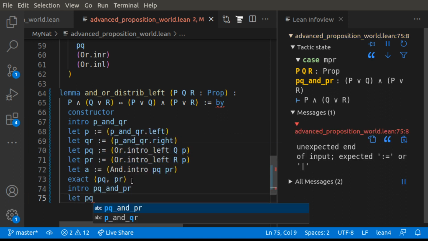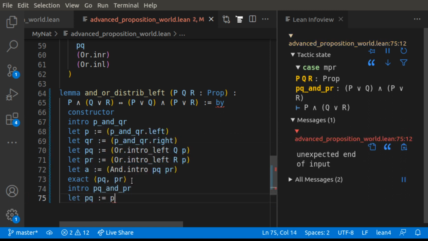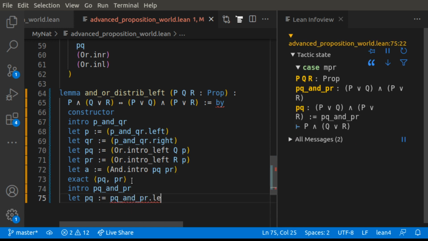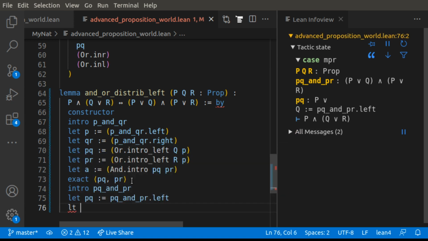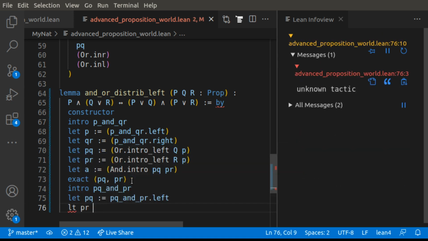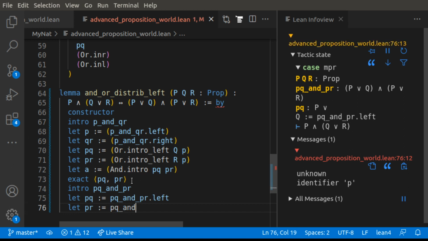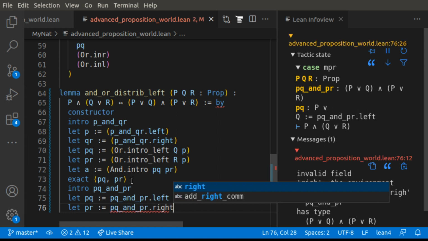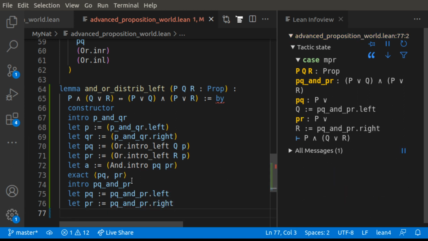I was hoping to maybe do it in a shorter way. Let PR, but I think just writing out these variables is a good way to go about it as well.